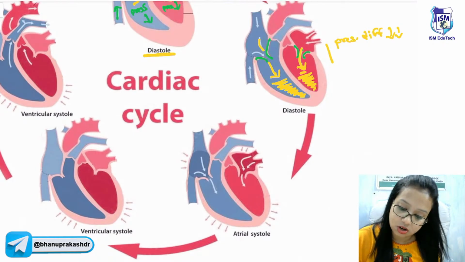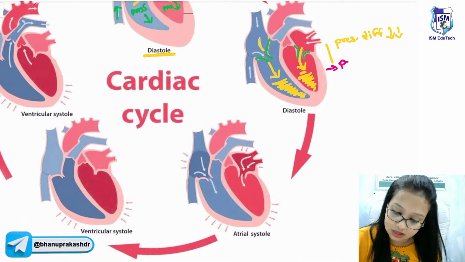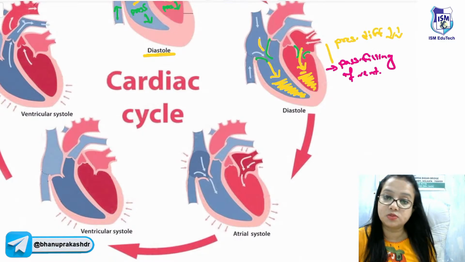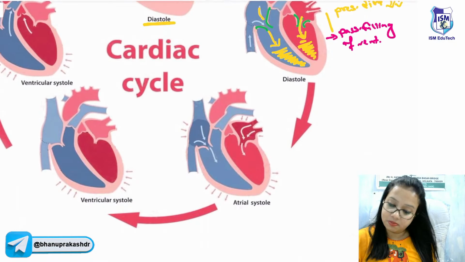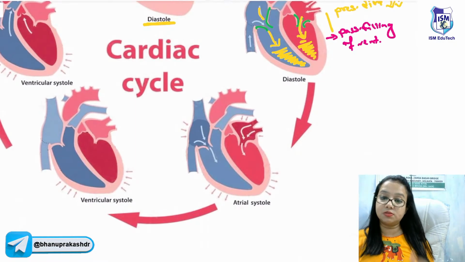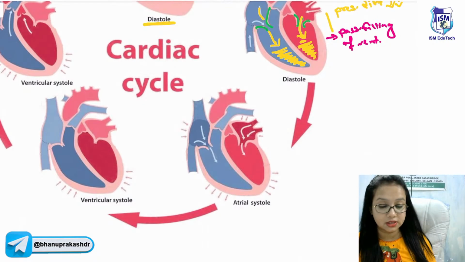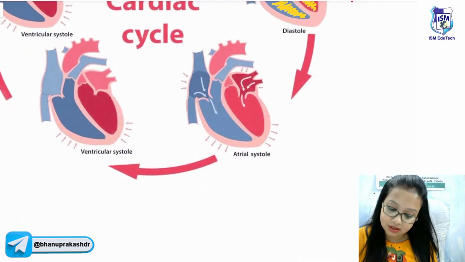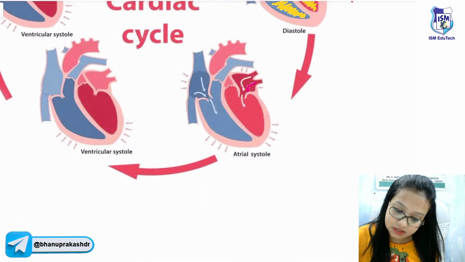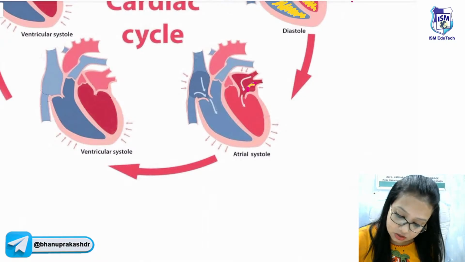So this is all together the passive filling of the ventricles as we study. Okay. Now the passive filling is done, in which there is about 100 to 110 ml of blood in both the ventricles. Okay, done. Now the remaining blood that is present in the atria, how does it have to come out?